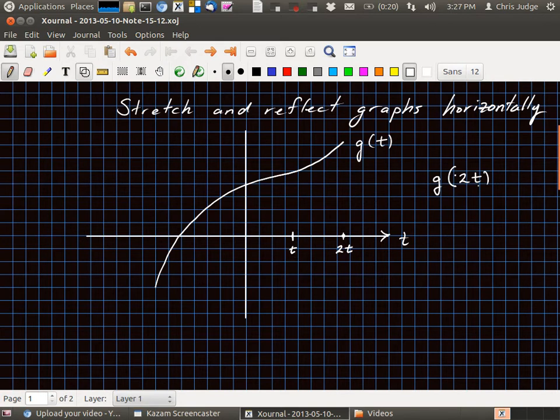Let's call the new function f of t. The value of f of t at this particular t is the same as the value of g at 2t. That's what this says. The height of g at 2t is here.